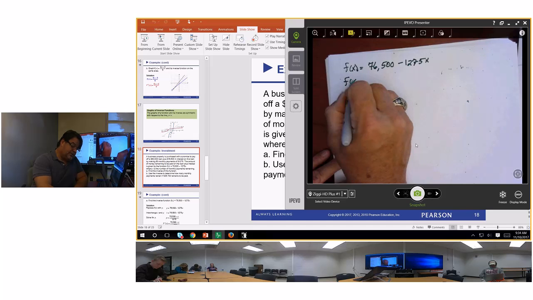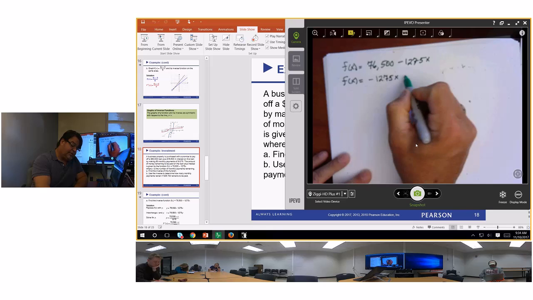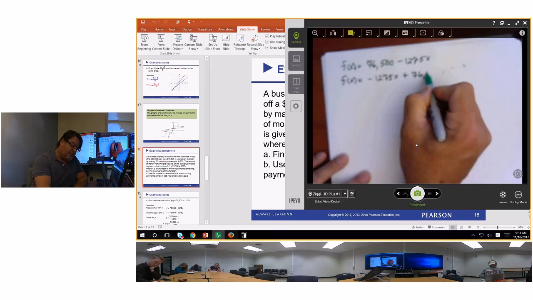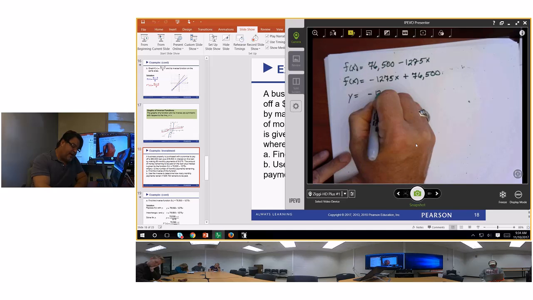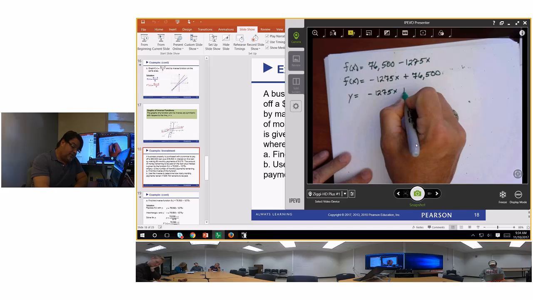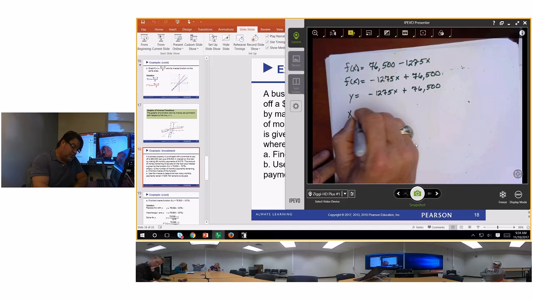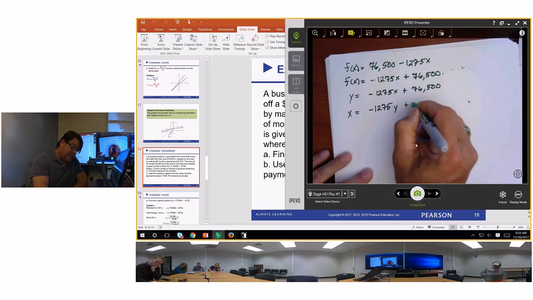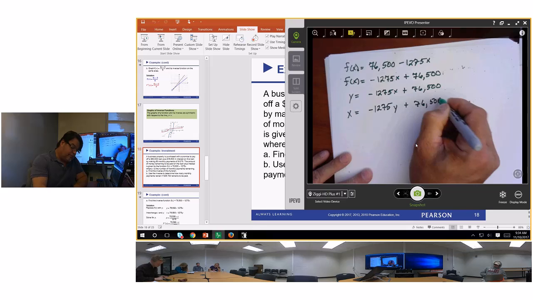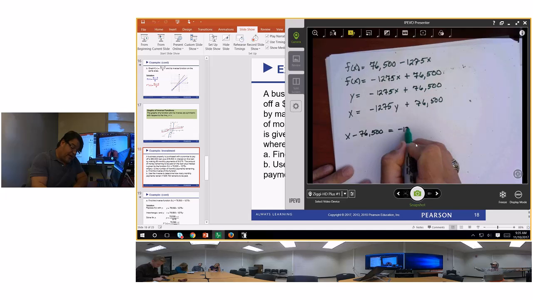F of x is equal to negative 1275x plus 76,500. Y is equal to negative 1275x plus 76,500. Now swap: x is equal to negative 1275y plus 76,500. X minus 76,500 is equal to negative 1275y.